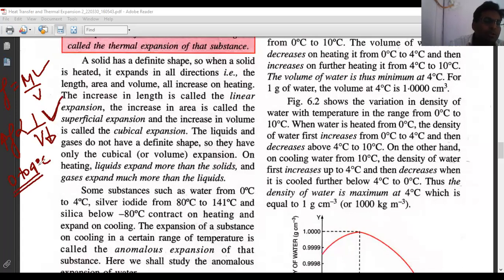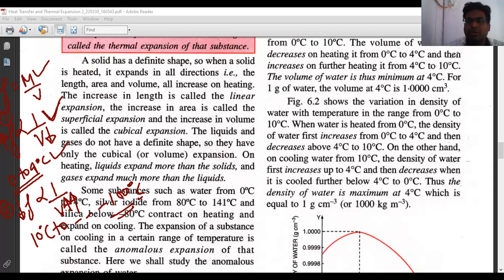This is the first case. Or you can say vice versa: when we want to decrease the density, we have to increase the volume. So for 10 degrees Celsius up to 100 degrees Celsius, volume will increase and density will decrease.